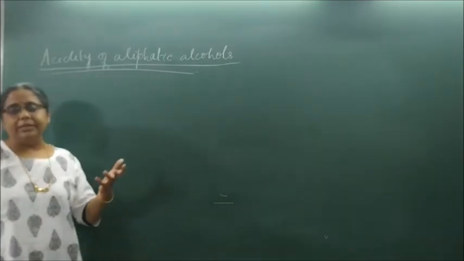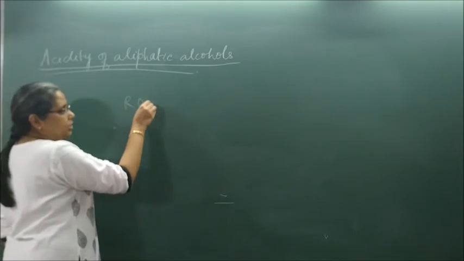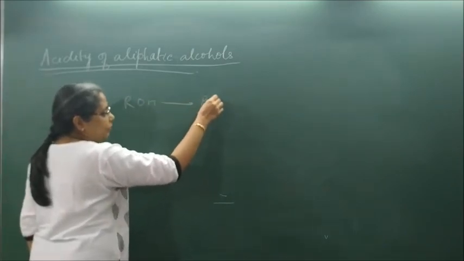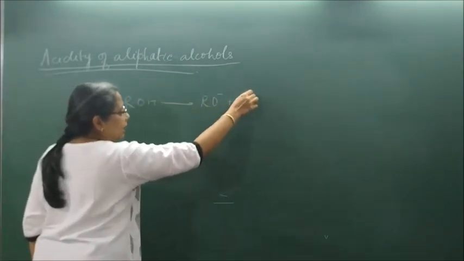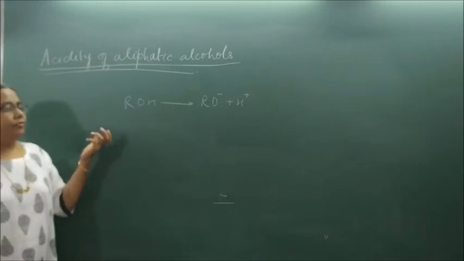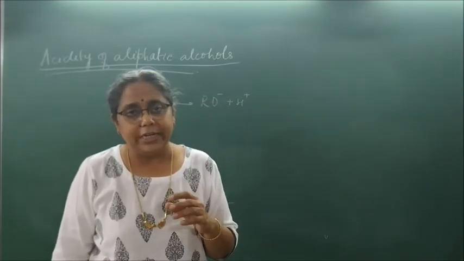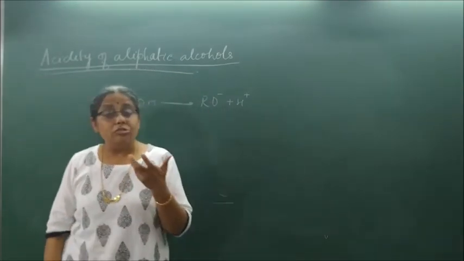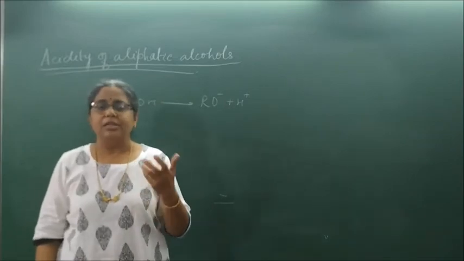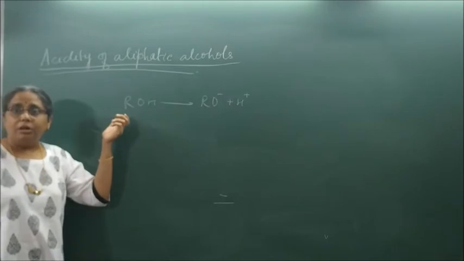See, what is the acidity of any compound? Any compound's acidity basically says that if I have taken ROH, it should be able to easily give RO minus and give H plus ion. Then the substance is said to be acidic in nature. Any substance which gives H plus ion or hydronium ion, because you have studied in 10th that H plus ions are not capable of independent existence.